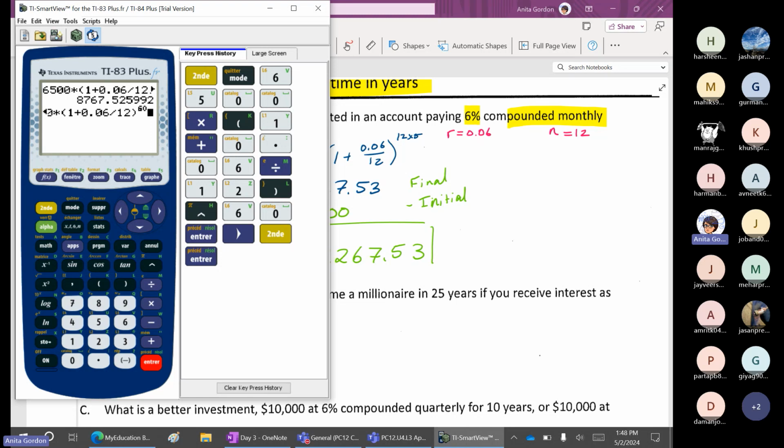Watch your brackets. Make sure you're choosing the right exponential button. That times 5.